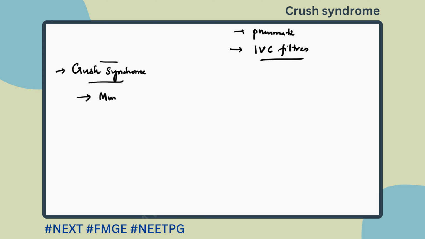Whenever the muscles get crushed, in the muscles there is a protein called myoglobin. What is this called? Myoglobin. You know hemoglobin, right? In a very similar way, there is one protein called myoglobin, which is released into the circulation.